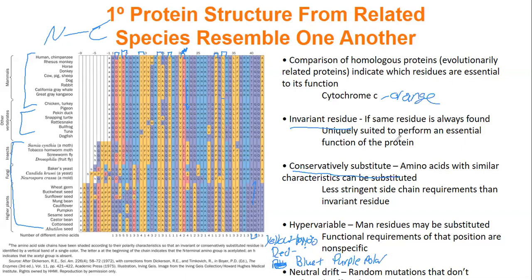And what we can see through these hypervariable positions is the idea of neutral drift. I know it's cut off, but neutral drift says random mutations that don't significantly affect function. Over time, we're talking hundreds of millions of years, you're just going to get random mutations.